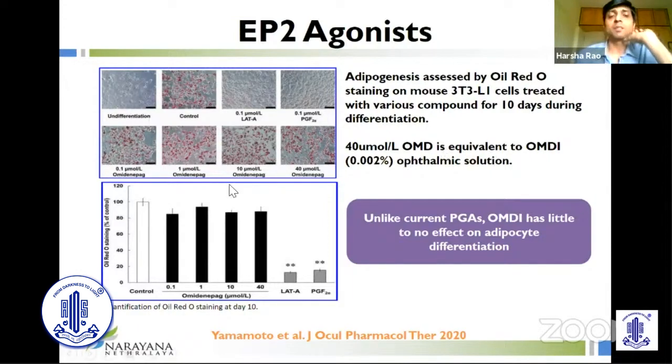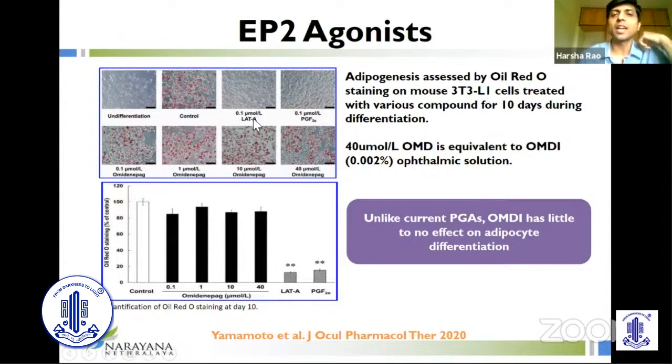So this, once again, is a basic science experiment which showed very little effect of EP2 agonists on the differentiation of pre-adipocytes to mature adipocytes. Here is the undifferentiated adipocytes and the differentiated adipocytes taking up Oil Red O staining very well.